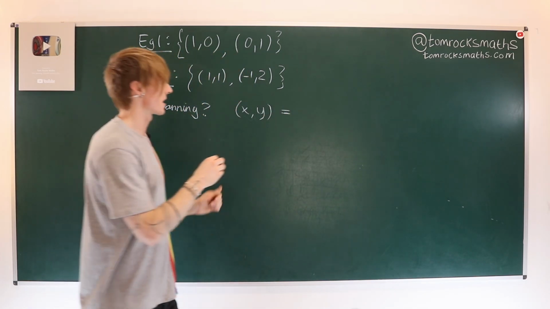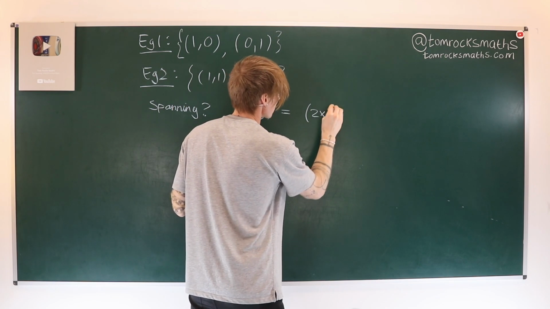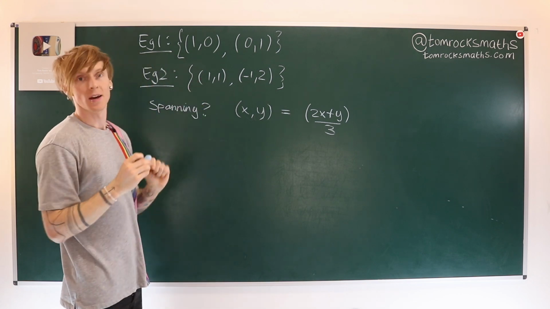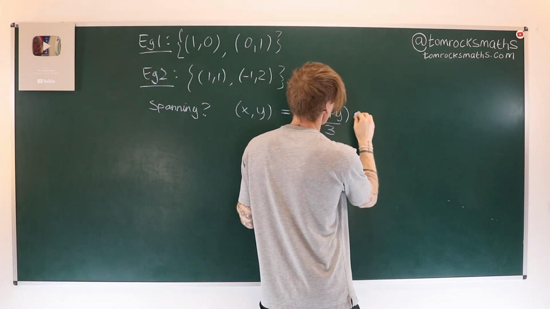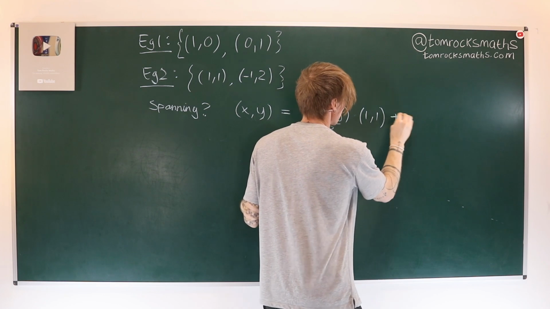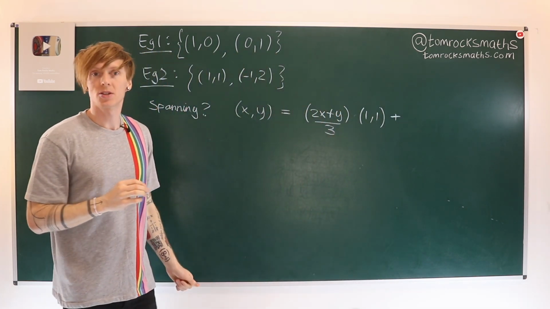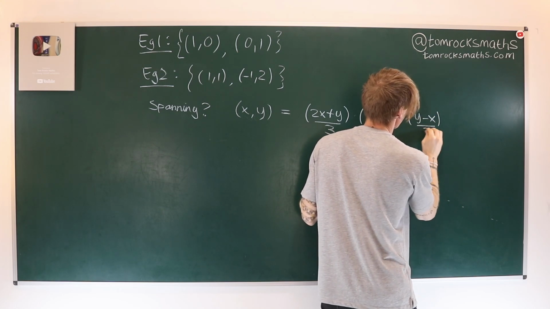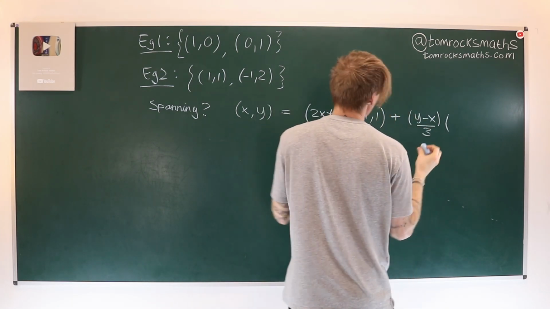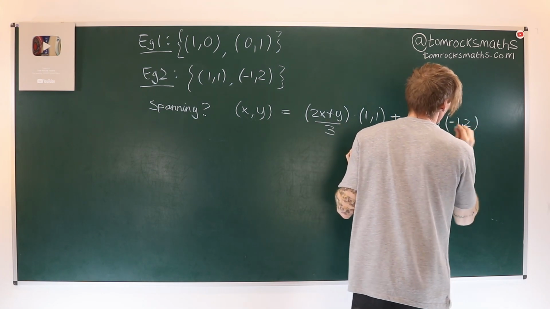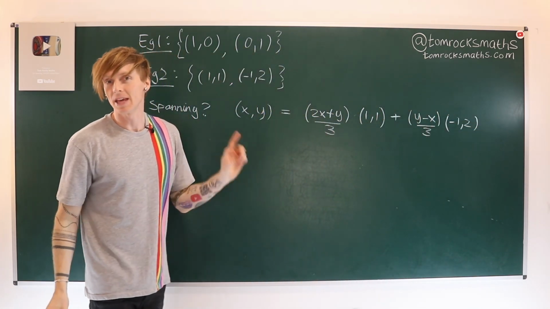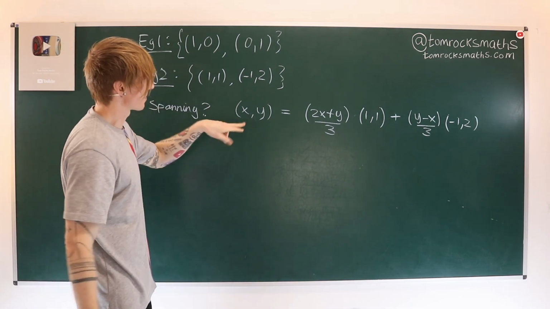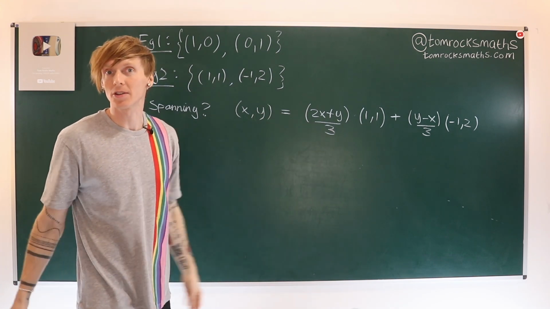You can do this by taking (2x + y)/3 lots of our first vector, (1, 1), and adding it to (y - x)/3 of our second vector, (-1, 2). I believe this should work, so let's double check. x, I'm claiming, is what you get when you add together the first components.